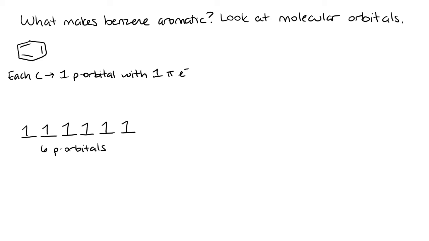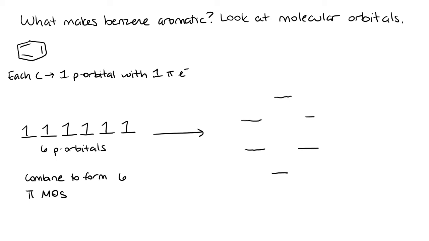Now these 6 p orbitals are going to combine to form 6 pi molecular orbitals. Similar to the molecular orbitals that we saw in chapter 16. Now these molecular orbitals are going to be arranged in this way. Okay, so we have a total of 6.